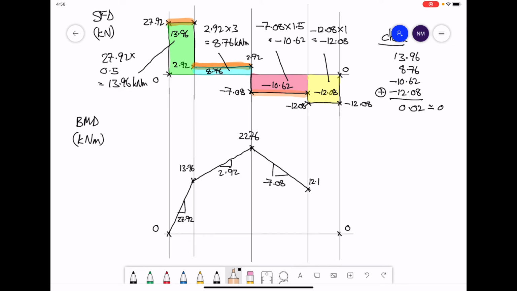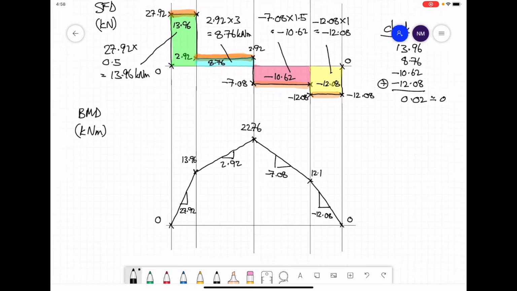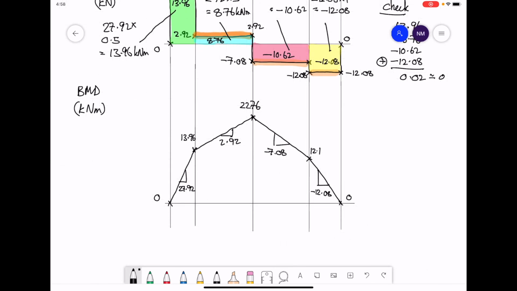In the last region, our shear force value is constant, minus 12.08. Again, we'll have a straight line, again negative gradient, so it's a line going downhill. That gradient will be minus 12.08. And that is our bending moment diagram drawn.